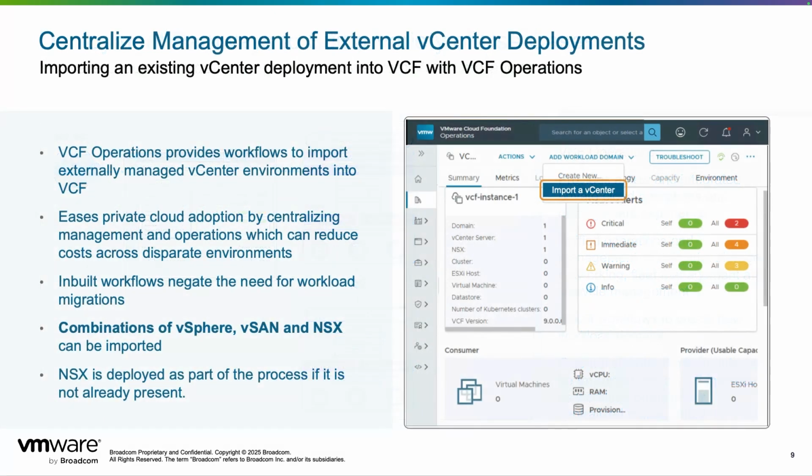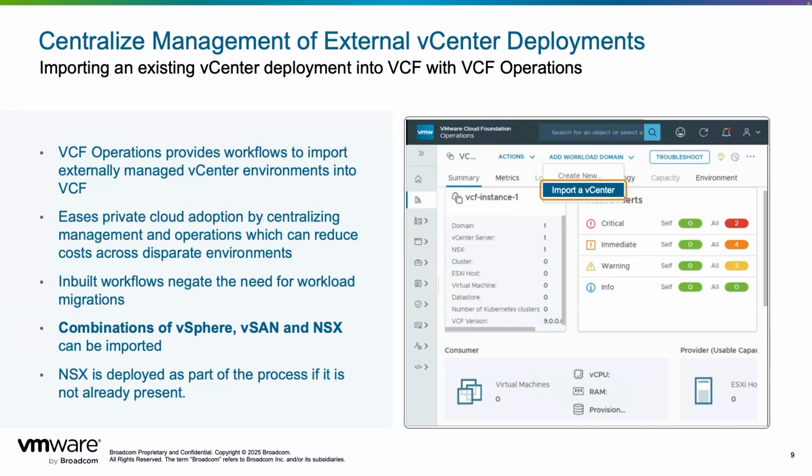Let's take a closer look at the options available within VCF operations to centralize management of external vCenter deployments. VCF operations makes it easy to add existing vSphere, vSAN, and NSX infrastructure into an existing VCF instance. VCF operations provides guided workflows for importing pre-existing vSphere infrastructure into a VCF instance as workload domains.